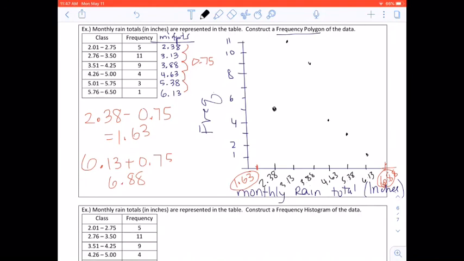And then it says that we're going to make line segments connecting these points. So again, do the best you can. But we are drawing line segments that connect these points in order.